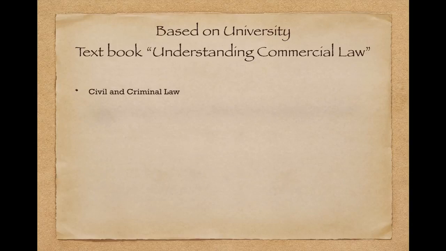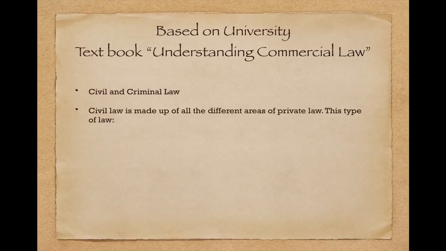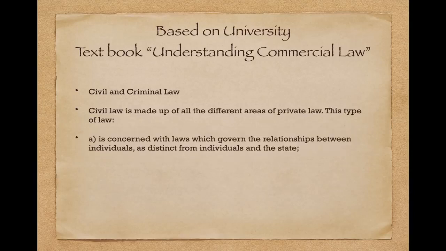Civil and criminal law. Civil law is made up of all the different areas of private law. This is really defining it now. Civil law is made up of all the different areas of private law. This type of law, A, is concerned with laws which govern the relationships between individuals as distinct from individuals and the state.